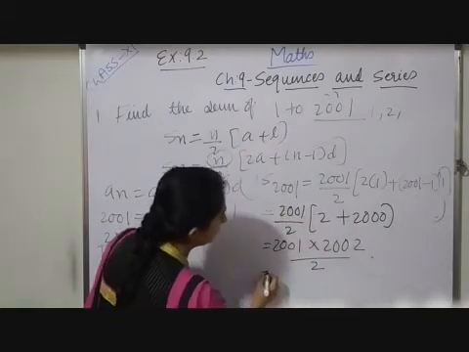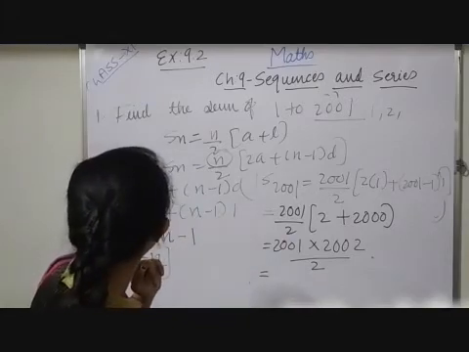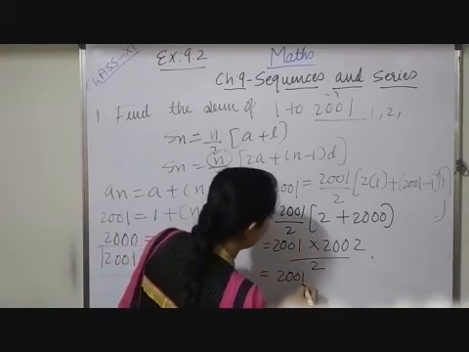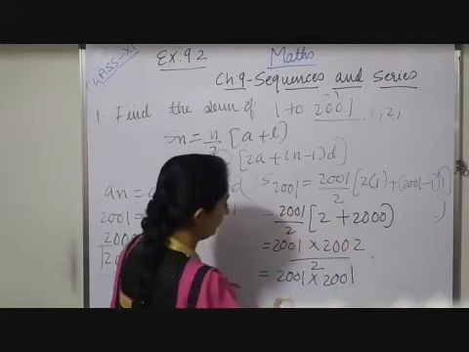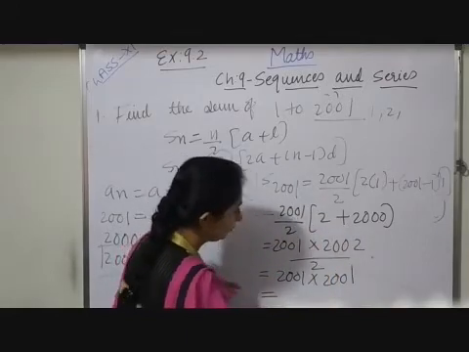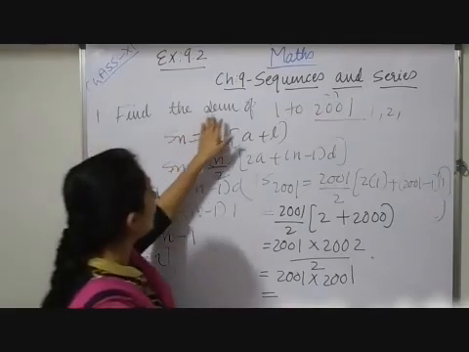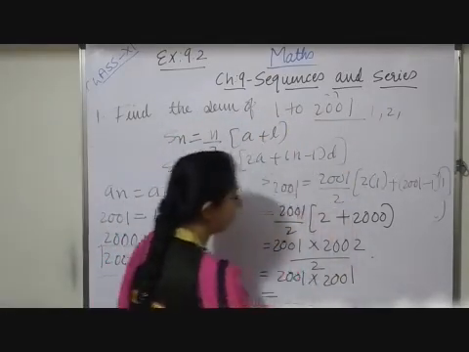When I divide it, you get 2001 into 2001. When you multiply these two terms, that will be your answer. In the textbook it is written odd integers, whereas here I have just written sum of integers.